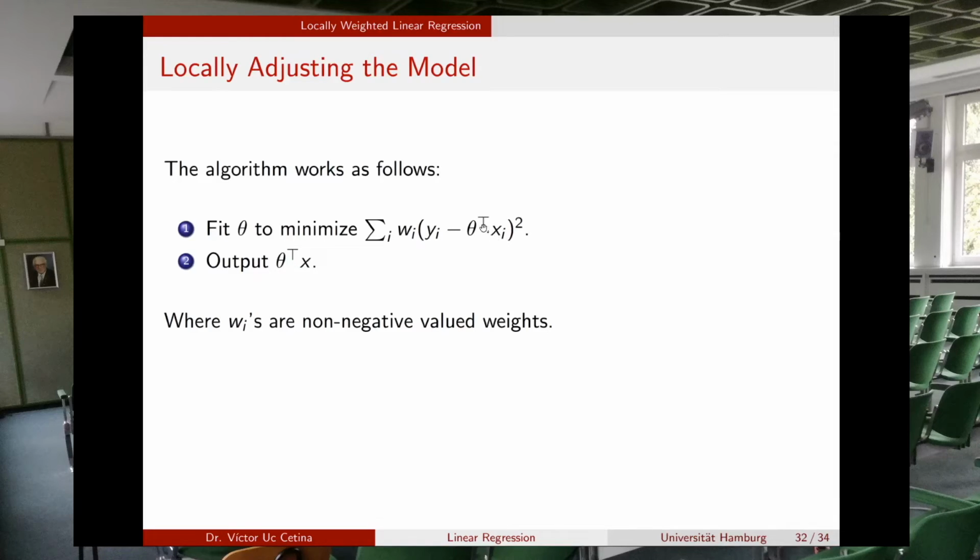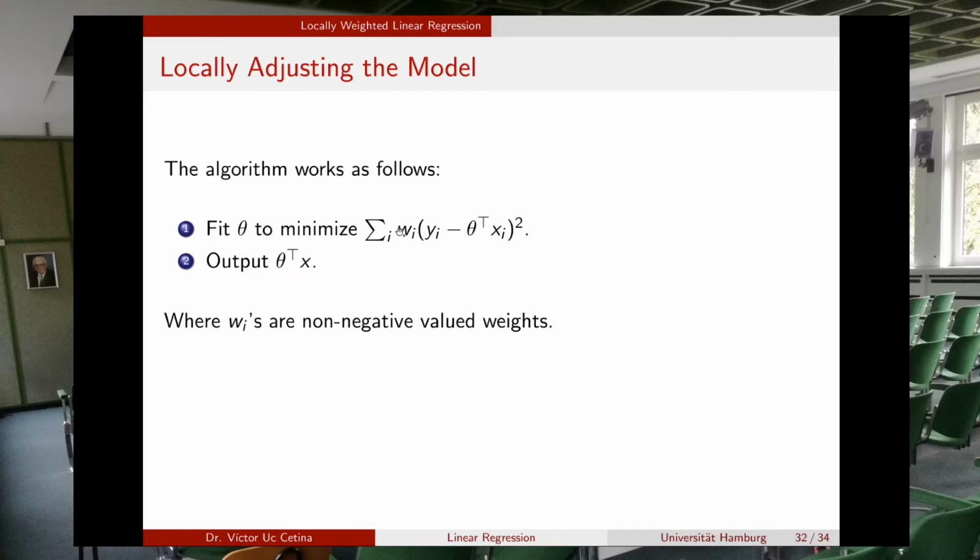So the idea is that in this minimization process, you will take more into account those examples in your data set that are closer to the point that you want to evaluate. So imagine again the example of the houses. This means that in order to predict the price of a house, you will consider more important the prices of those houses that are more similar to the house that you want to evaluate.